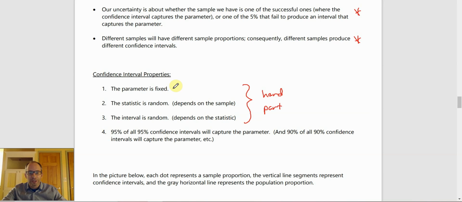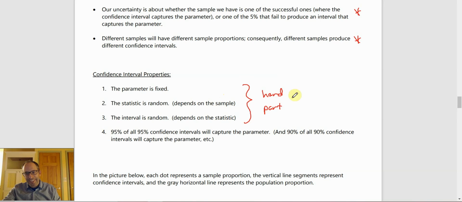So it's effectively an unknown constant. But because the statistic is random, if we're going to have a random sample, then anything that's a measure from that sample is also random. So I guess in a logic sense, it would be a transitive property, I guess that's the word I want there. But then if the statistic is random, the interval is based on the statistic, so that's random too.